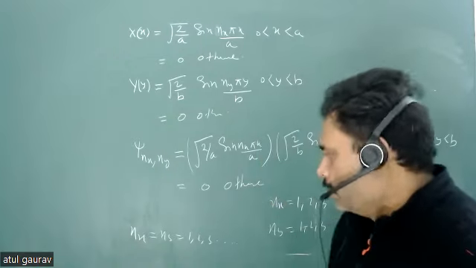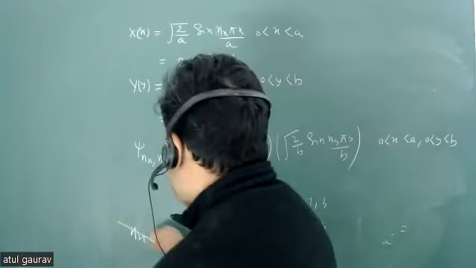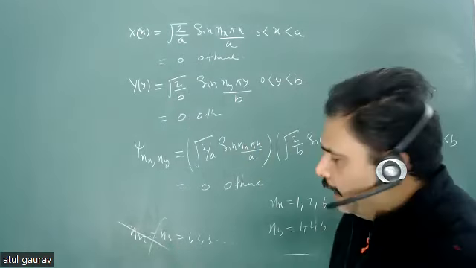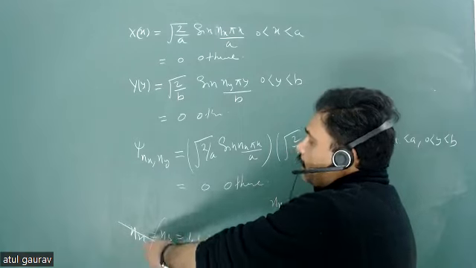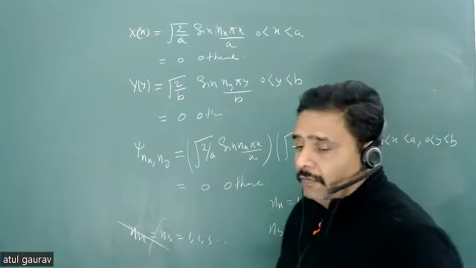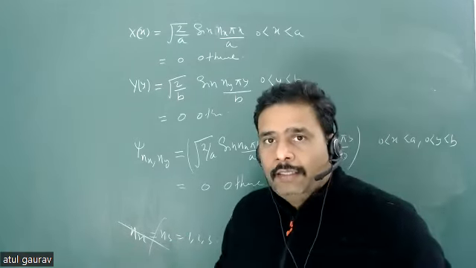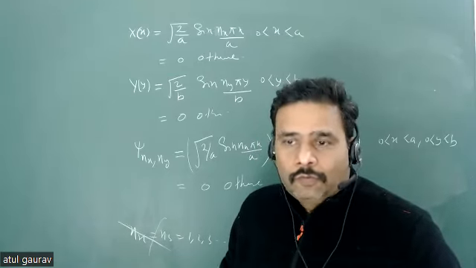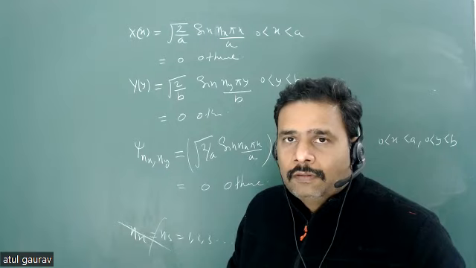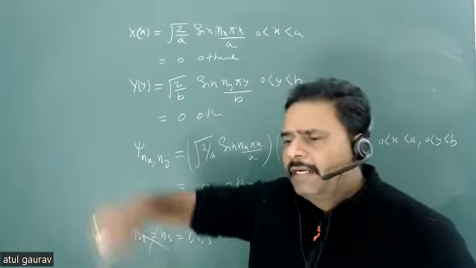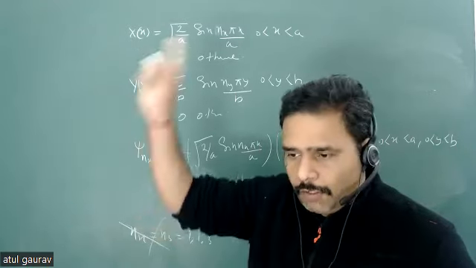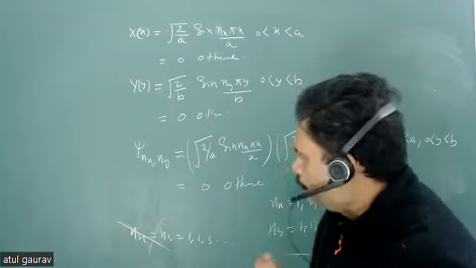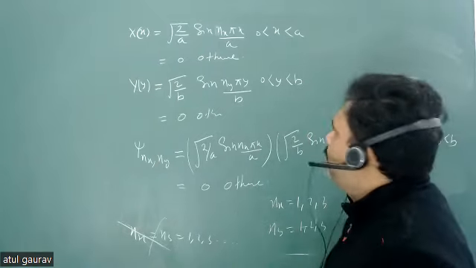Sir, wrong. He is wrong. Why? Because nx and ny are independent and here you are writing them such that they are highly dependent. It means if nx is 1, then ny is also 1; if nx is 2, ny is also 2. But this is not correct. If nx is 1, then ny can be any positive number starting from 1. So similarly, you can have this thing.